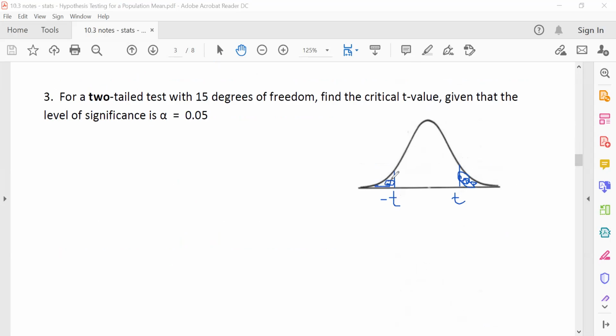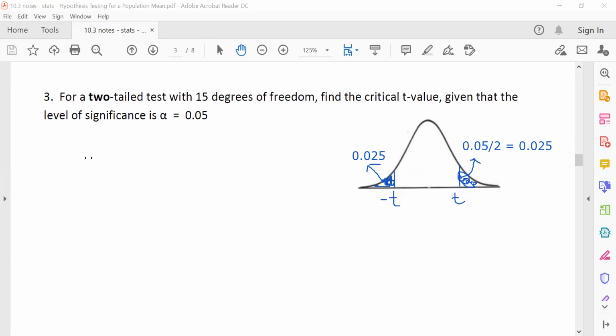And then the 0.05 level of significance has to get divided up into two different pieces.